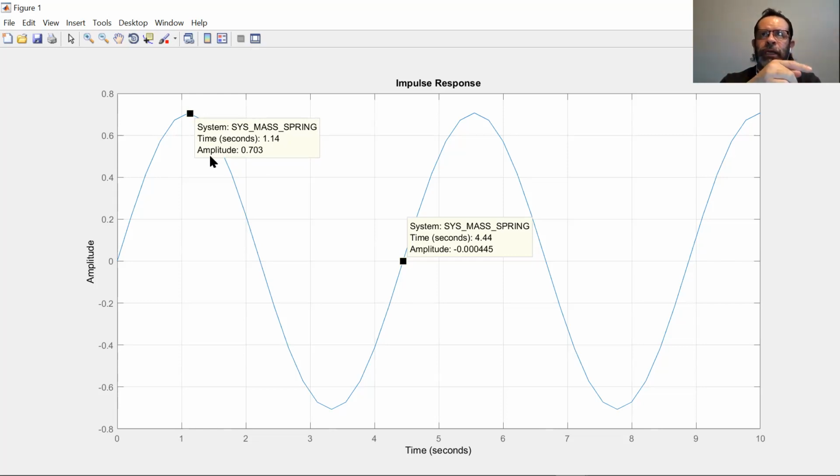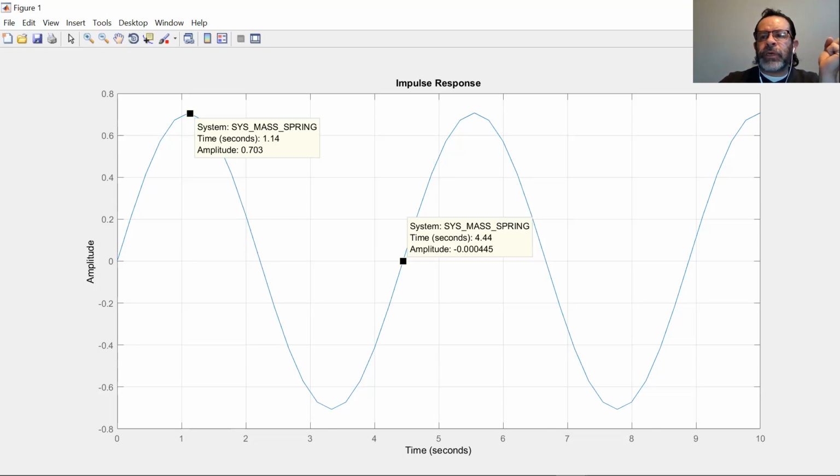When the parameters were 1 kilogram of mass and 1 Newton per meter, and we pulled it, it oscillated 1 meter back and forth because the units are in meters, and it had a period of 2.6 or something like that. Now, when the spring is stronger, the mass, like Pablo mentioned, isn't going further. It's going shorter because the spring is stronger.